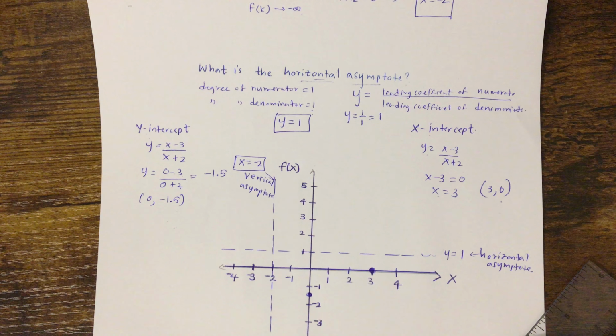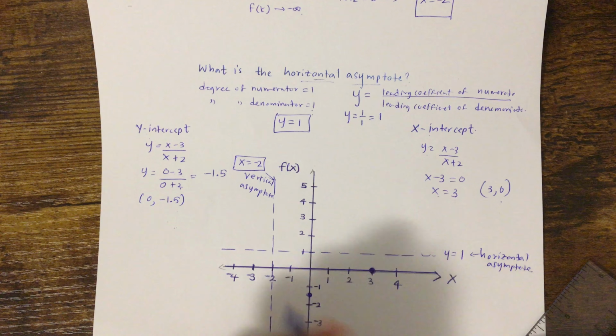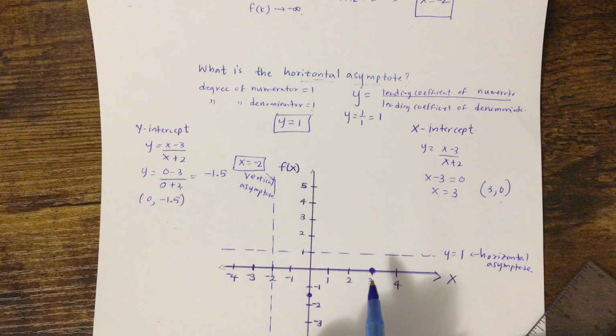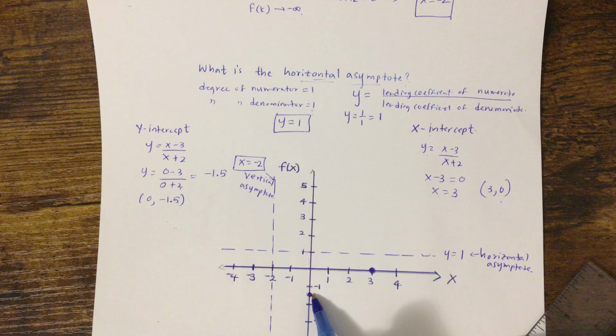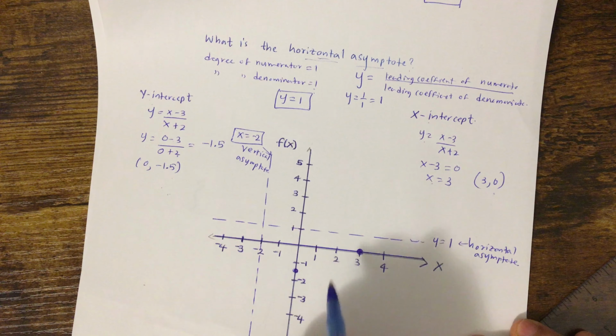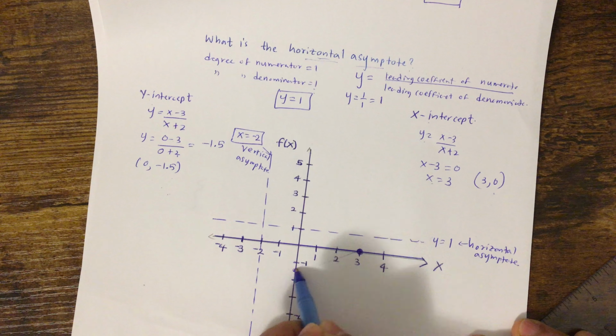And then now you can sketch the graph. As you can see, this is the vertical asymptote. Your function goes to positive infinity or negative infinity. As you can see, these dotted lines are over here. So on this side, your graph goes to negative infinity. See? So you have this graph, right?